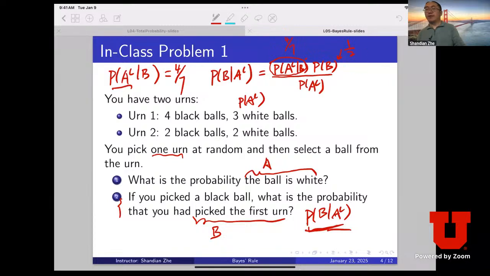Yes, exactly. Just connecting what we have discussed before, because everything is connected, we can leverage the total probability rule.